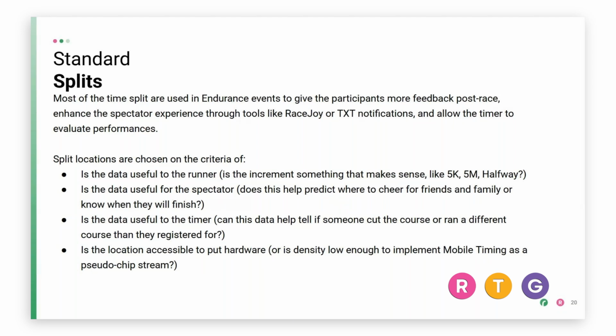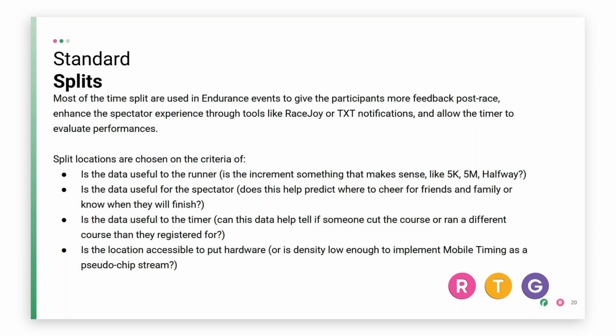Most of the time these are used to give participants more feedback post-race, to see how their pace changed over time. They're used to enhance the spectator experience through tools like RaceJoy or text notifications, and also to allow the timer to evaluate participant performances and see if someone has an unrealistic performance, if they're missing a split that's key for that distance, or maybe if they ran a different course.